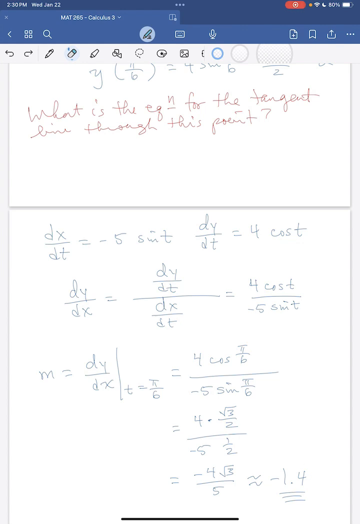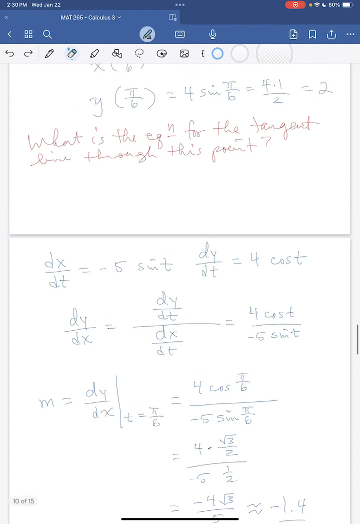At this point, you should be in the habit by now, I would hope, of asking yourself, whenever you get an answer like this, is this feasible? Does this make sense? Especially since we have this curve already graphed.